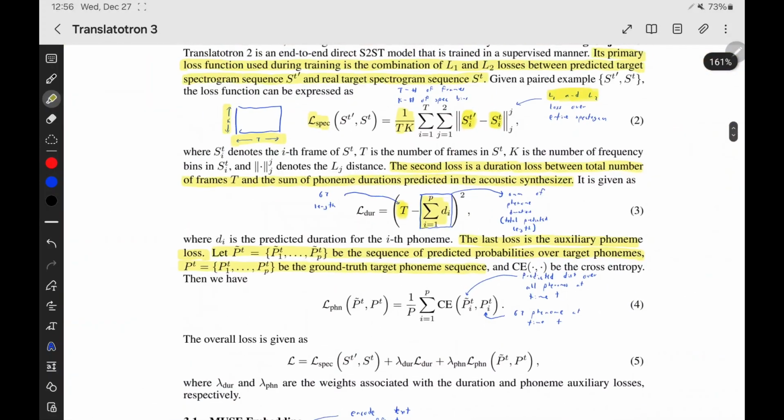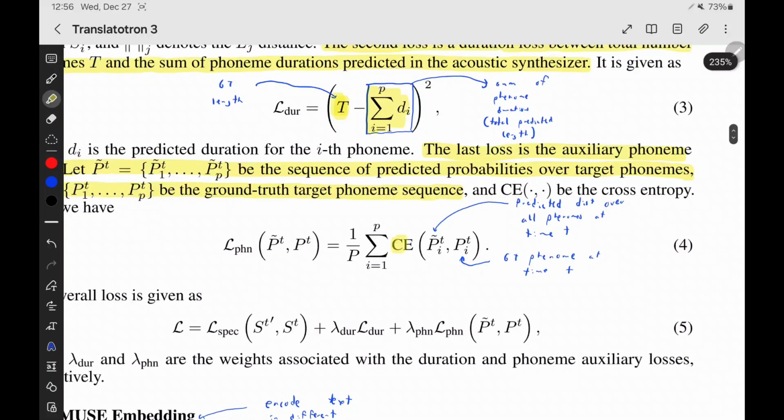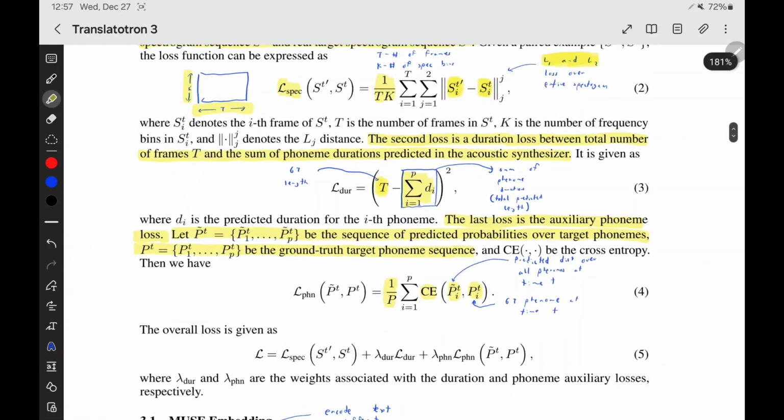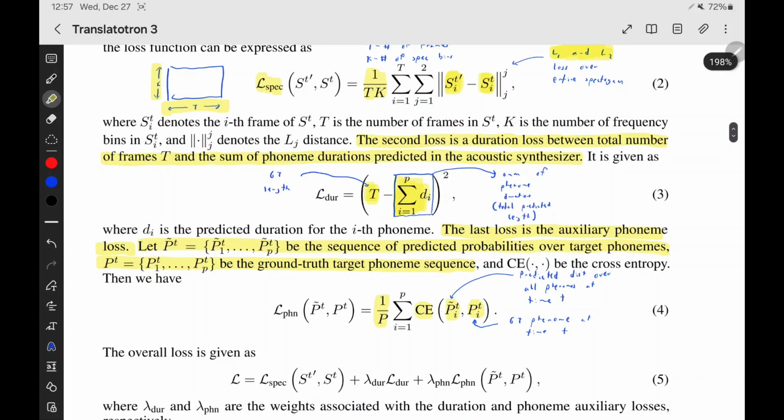And then you also have the phoneme loss. The phoneme loss is just your cross entropy loss, like if you had a normal transformer doing autoregressive prediction. So phoneme loss between the actual phoneme and the predicted phoneme, just normal cross entropy loss, and you average over all the phonemes. Yeah, and this was in the synthesizer here.